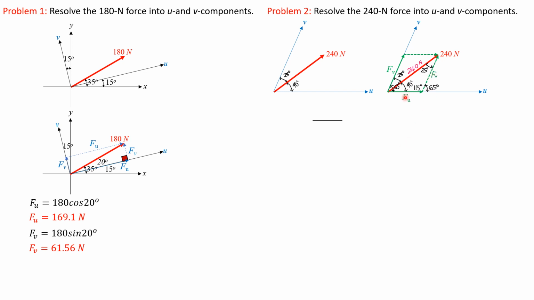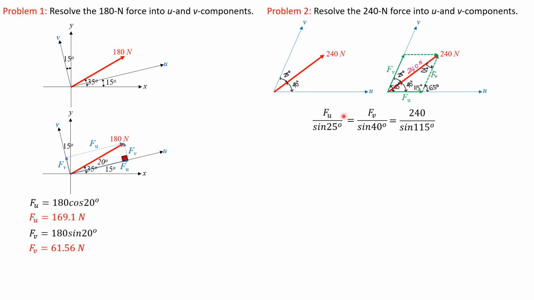So again, Fu over sine 25 degrees equals Fv over sine 40 degrees equals 240 over sine 115 degrees.